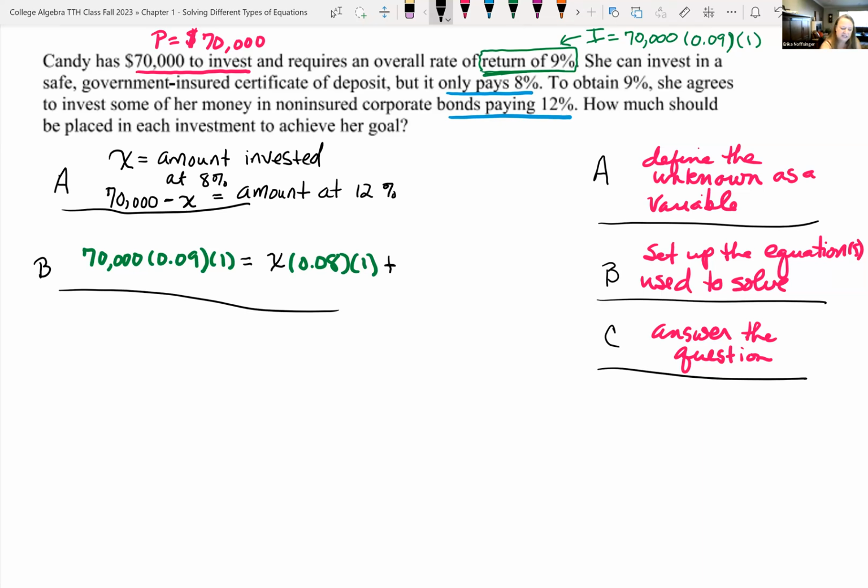Well, the amount that she's investing at 12% is that $70,000 minus X, the amount that she put in at 8%, times the interest rate. Well, 12% we can write as 0.12 times time. So we now have the equation, and so we can use that to solve.